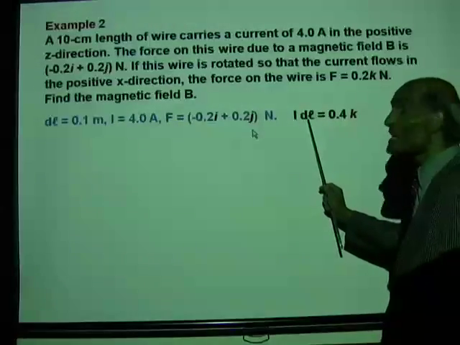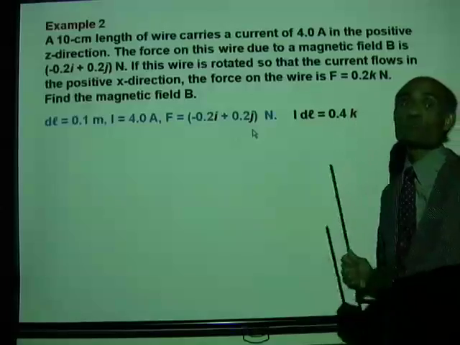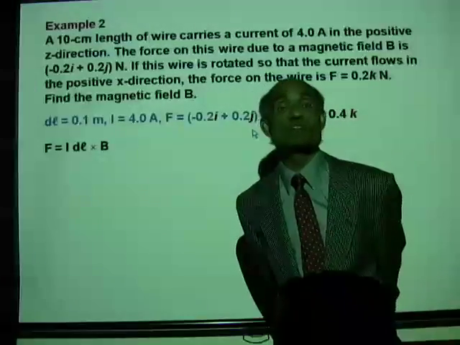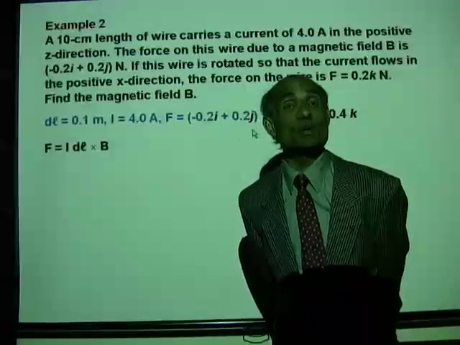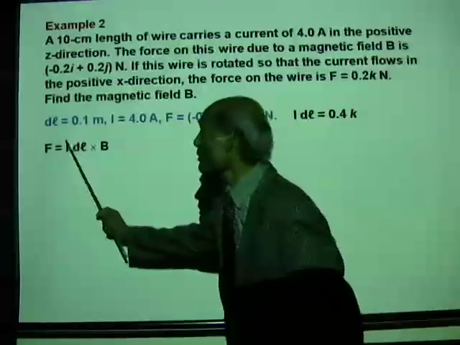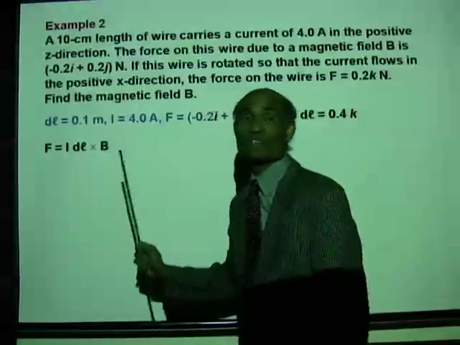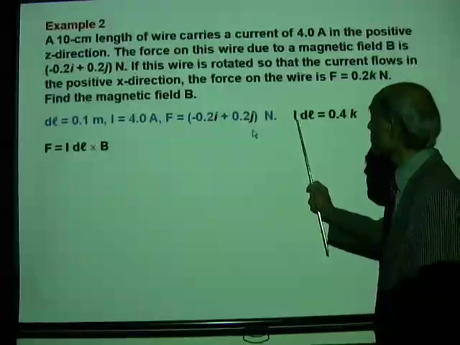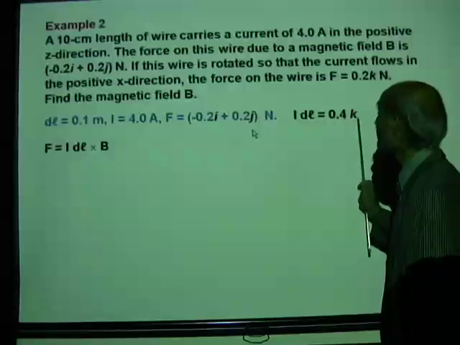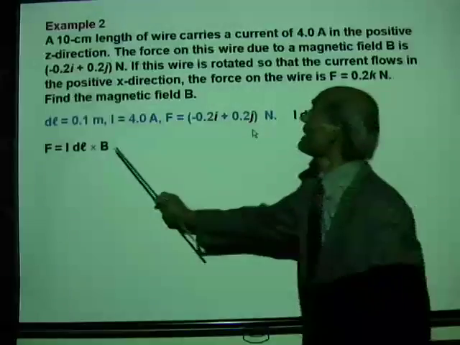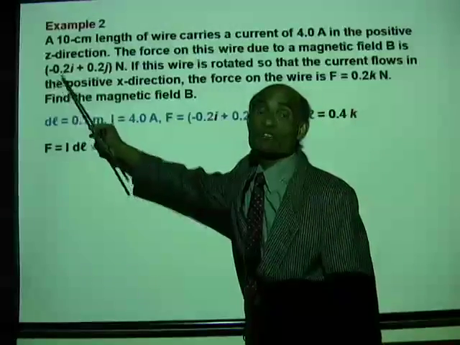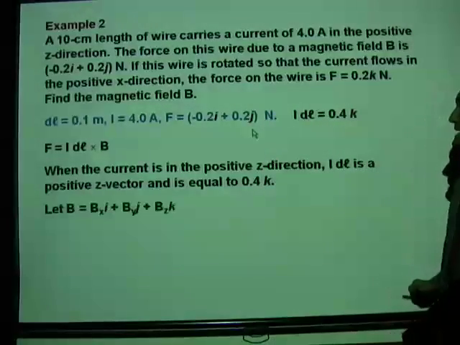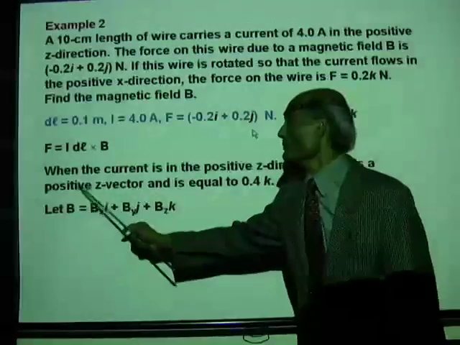So IDL is the vector 0.4K. Now, you know that F equal to IDL cross B is the cross product of these two vectors. Now, we know both the vectors. The vector IDL is 0.4K and the vector B is this. Alright, let's take the cross product and see what happens.